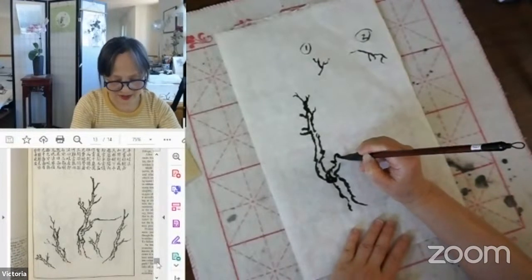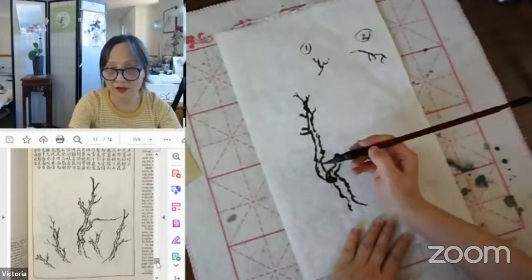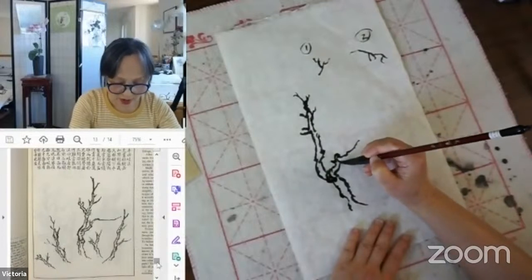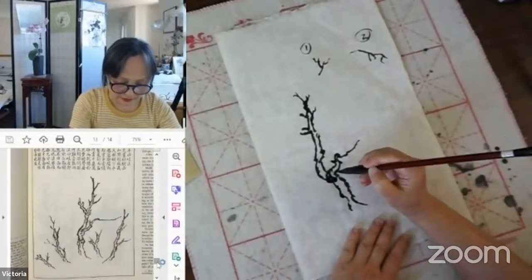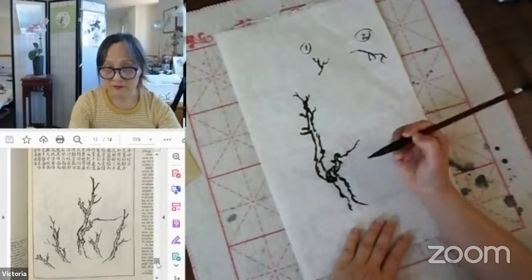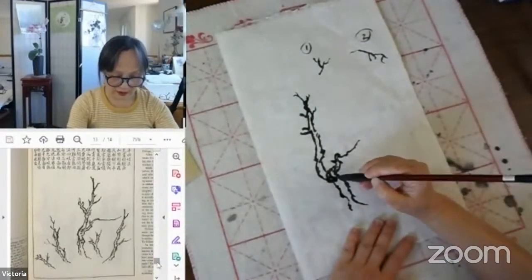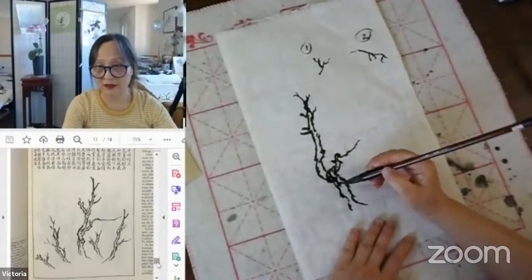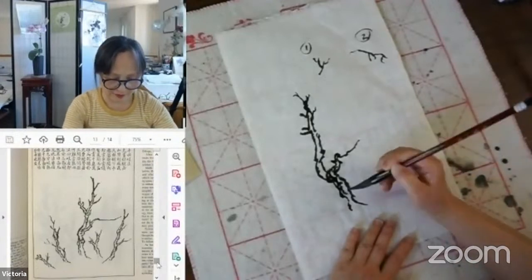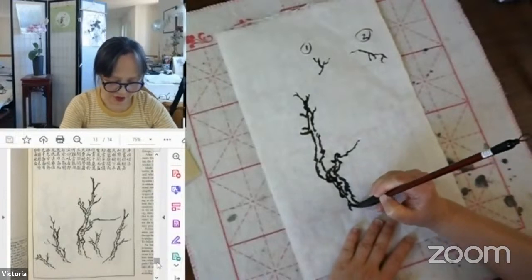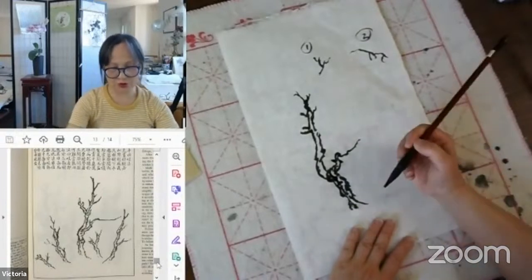Keep it in your mind, and later you will know how to make it show more front. And for the old one, the main trunk, we can do something like aged skin shows on the tree.